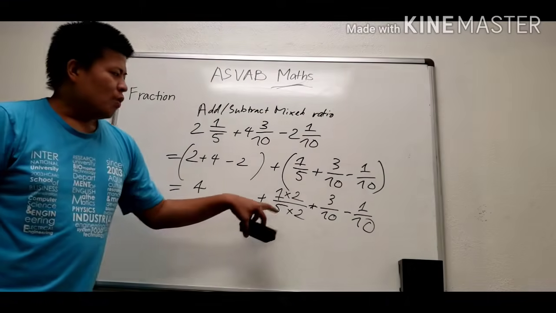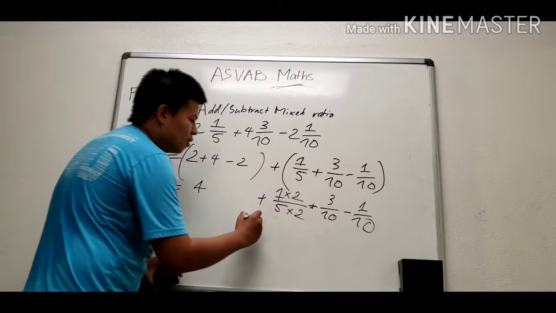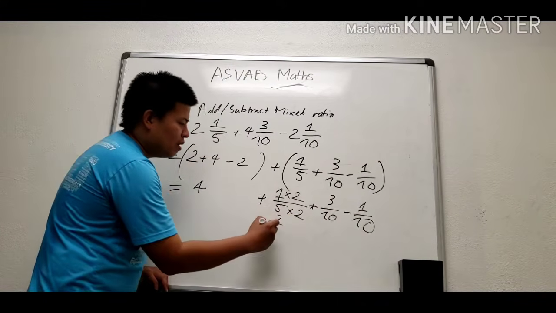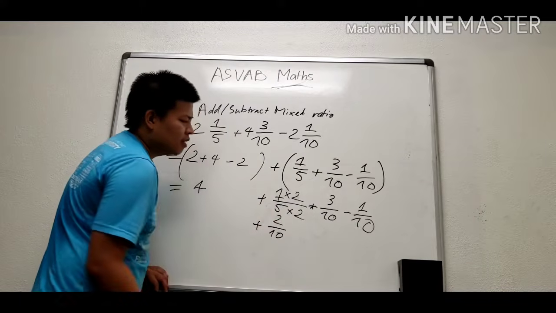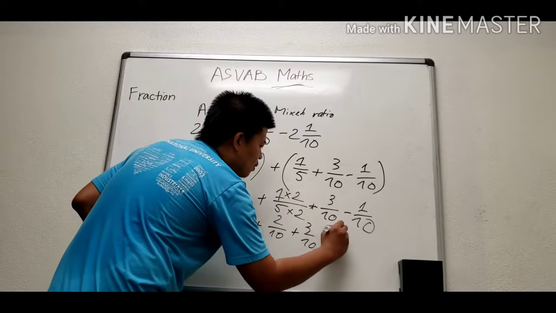Here, 1 times 2 is 2, and 5 multiplied by 2 is 10. We have 3 over 10 minus 1 over 10.